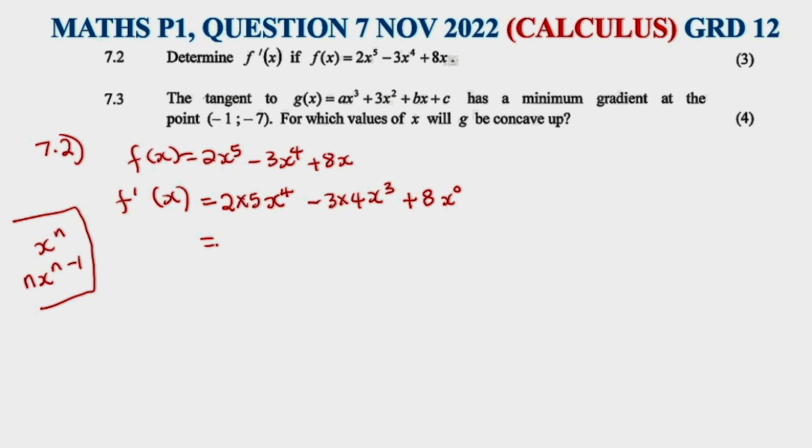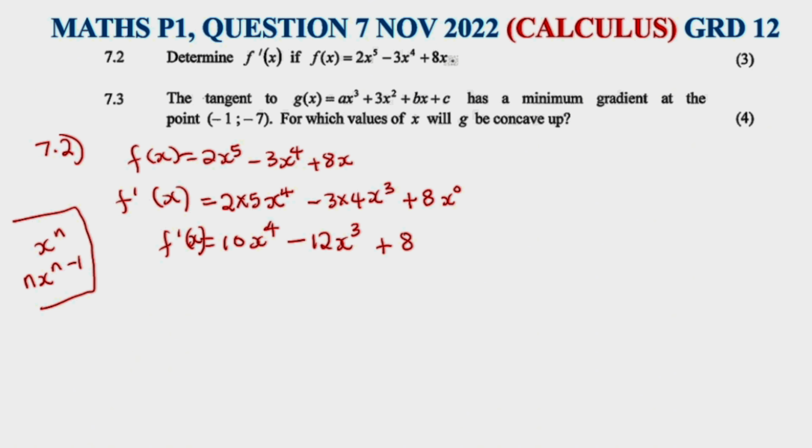After simplifying, you're going to have 10x to the power of 4 minus 12x to the power of 3 plus 8, because anything to the power of 0 is equal to 1. And that's how you would deal with question 7.2, guys. Great stuff.